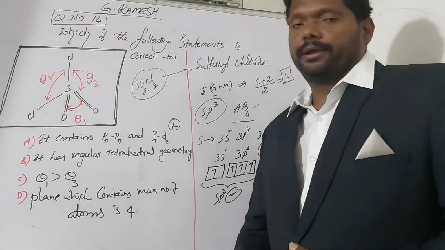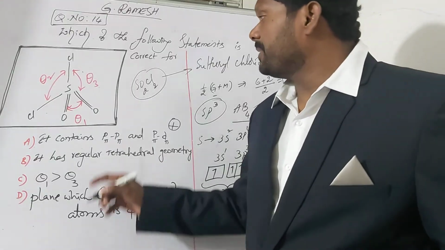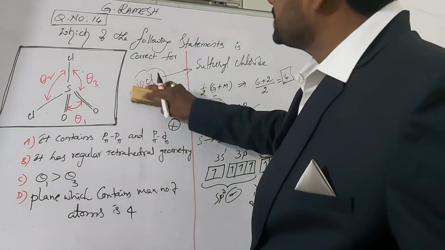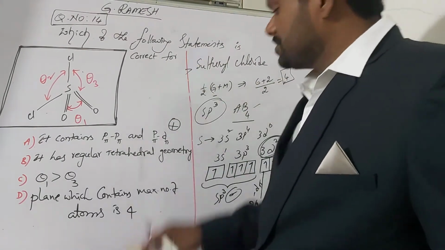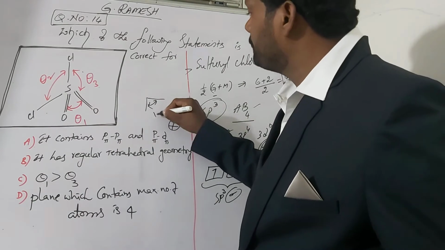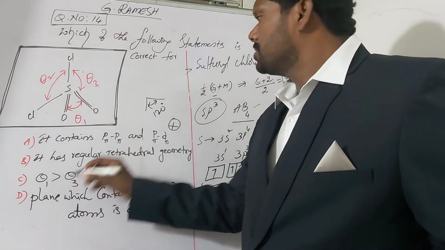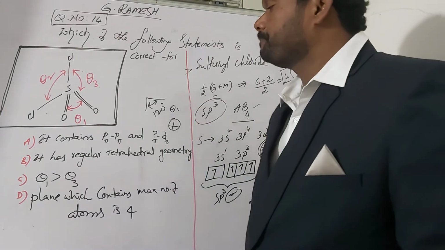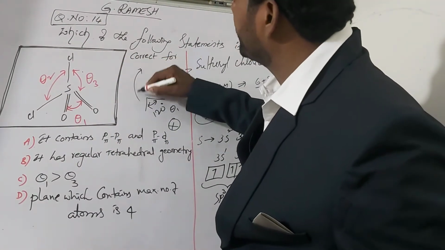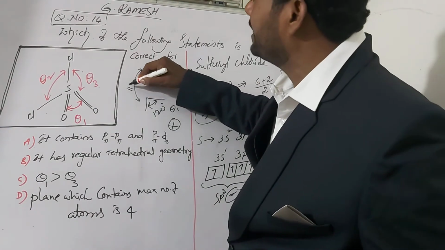And coming to the bond angle. Theta 1 is mentioned, between oxygen and oxygen. In SO2Cl2, the bond angle between oxygen and oxygen was found to be 120 degrees. So theta 1 is 120. Whereas theta 2, between chlorine and chlorine, was found to be 111 degrees.